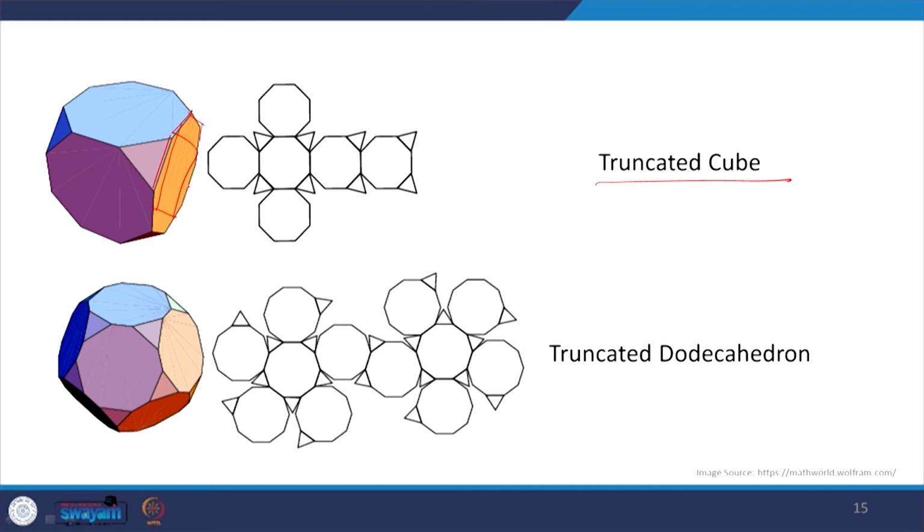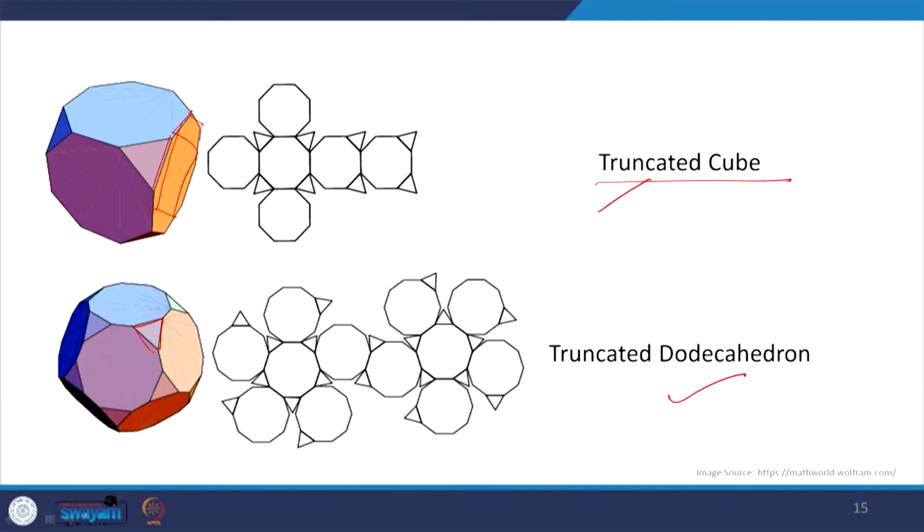In this, we are truncating the cube in such a manner with these 8 planes that at each surface we are now getting an octagon. So we will actually have 6 octagons and we will have 8 triangular faces. So that is what the truncated cube is.